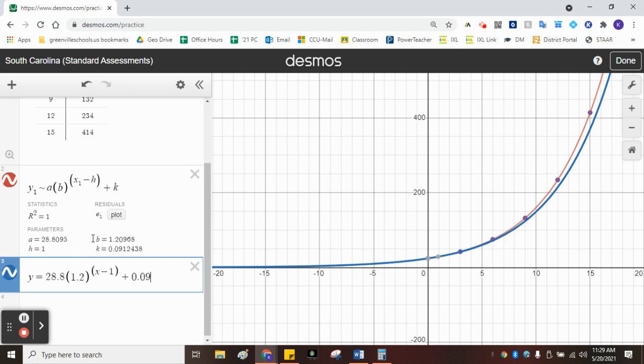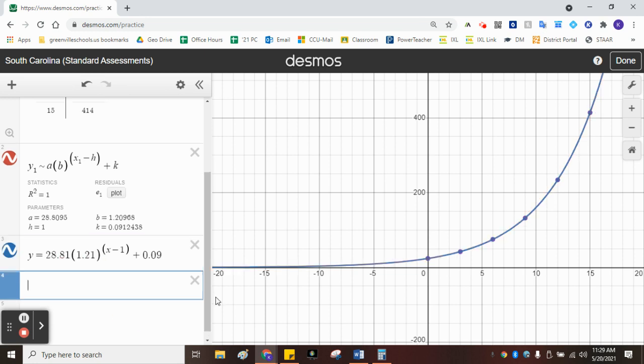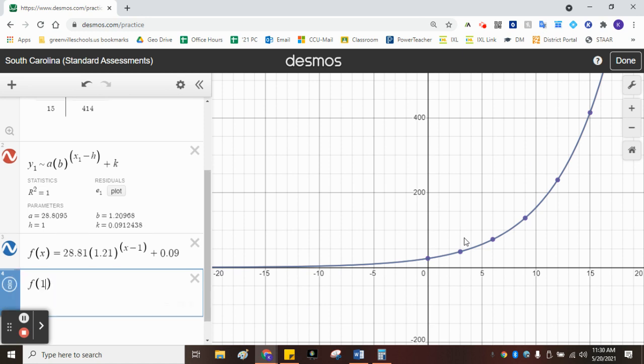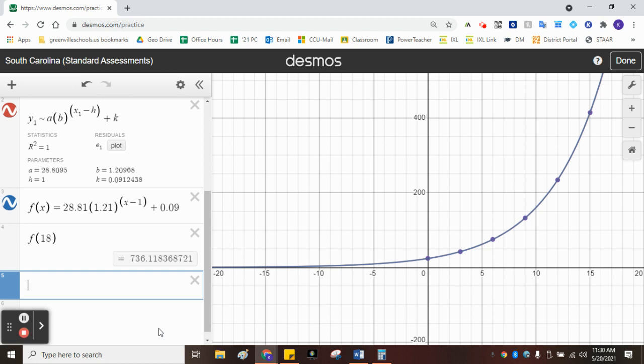I just rounded some of these. I didn't put the exact number in. So there's the equation. I'm going to label it f of x so that I can figure out f of 18 and get my answer.